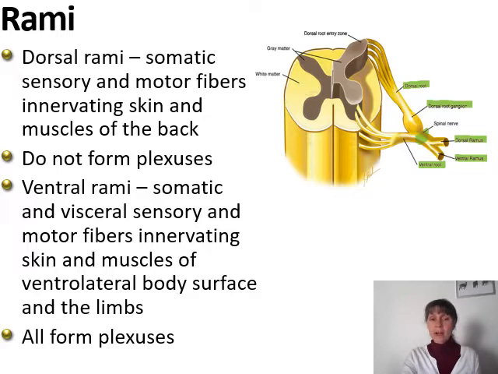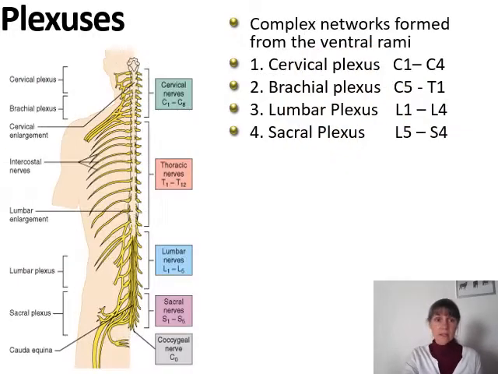The ventral rami are the structures that can potentially form a network or plexus. In fact, all complex networks or plexuses are formed from the ventral rami. The ventral rami from C1 to C4 form the cervical plexus.